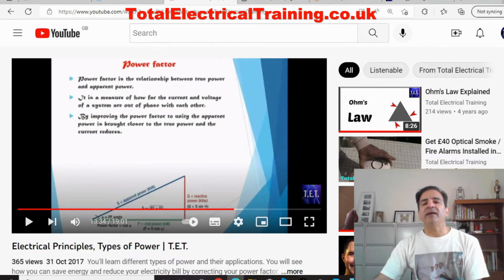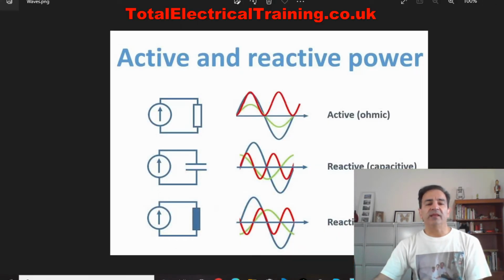What's causing that is this, because most of our appliances and devices in our household are inductive, and this is the symbol or the diagram for it.